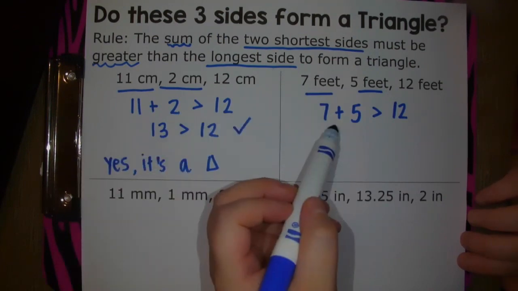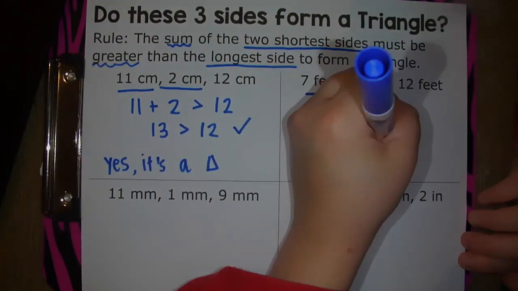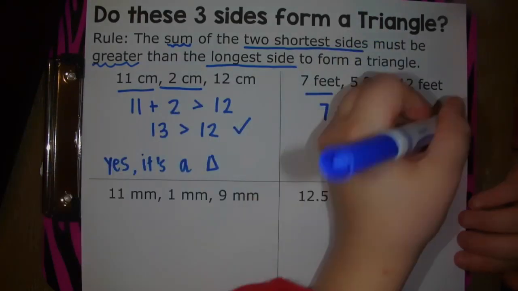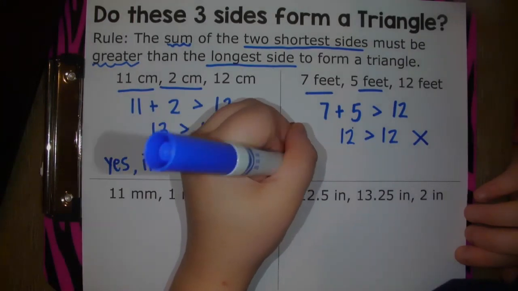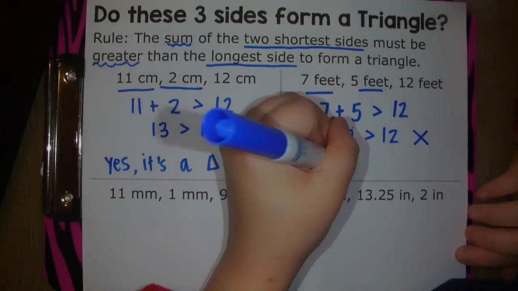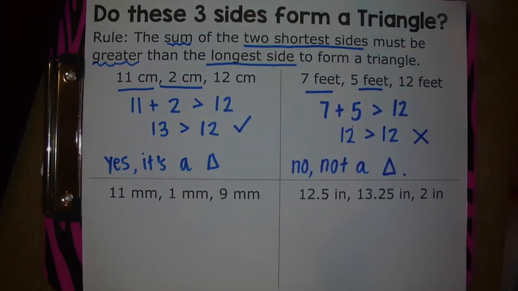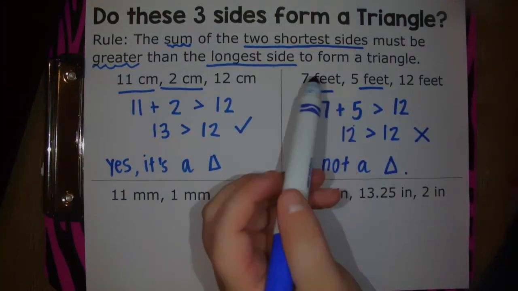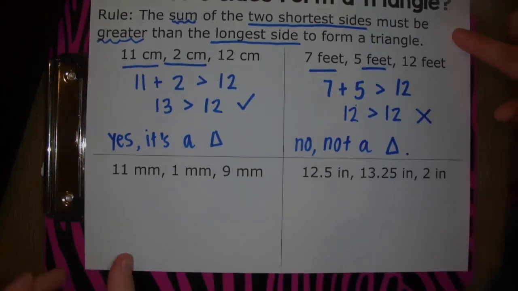Well, 7 and 5 together give me 12. Is 12 greater than 12? No, they're equal. Therefore, we would state no, this is not a triangle. It's not going to be a triangle because the sum of the 2 smallest sides was not greater than the largest side.